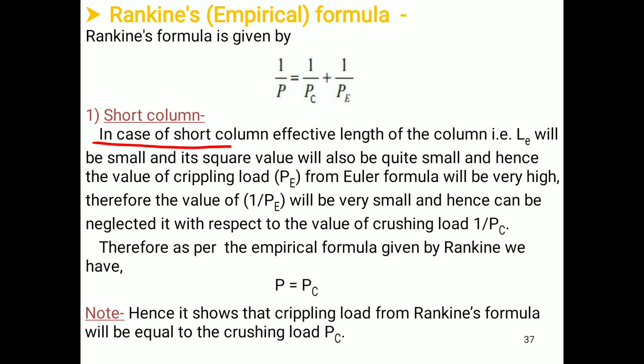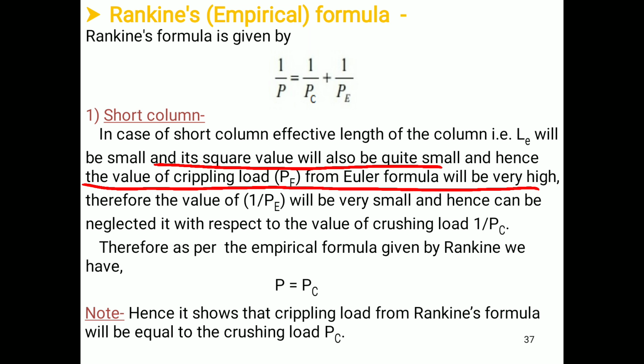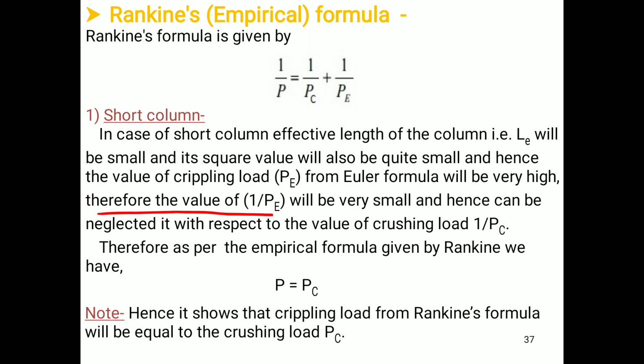In case of a short column, the effective length of the column, that is L effective, will be very small. Therefore as L effective is small, its square value will also be quite small, and hence the value of crippling load Pe from the Euler's formula will be very high. Therefore 1 upon Pe will be very small and hence it can be neglected with respect to 1 upon Pc. So what does it mean? For the short column, the effective length is very small.